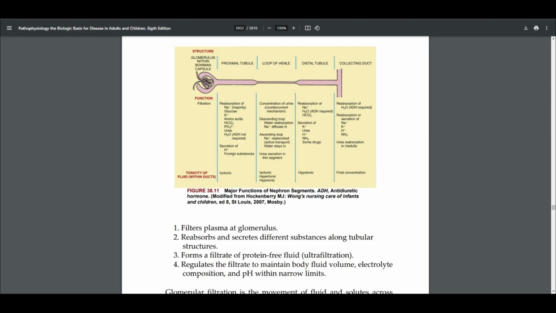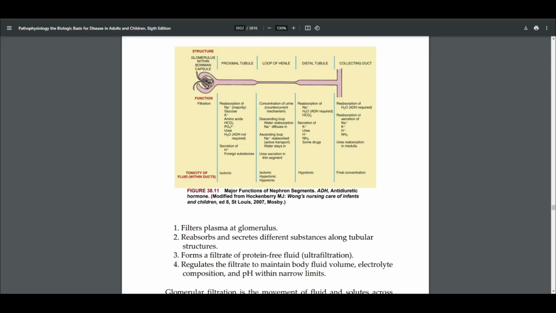However, within the loop of Henle, the concentrations of urine countercurrent mechanism, the descending loop, has water reabsorption and sodium diffuses in. In the ascending loop, your sodium is reabsorbed via an active transport and water stays in, and urea secretion in the thin segments.